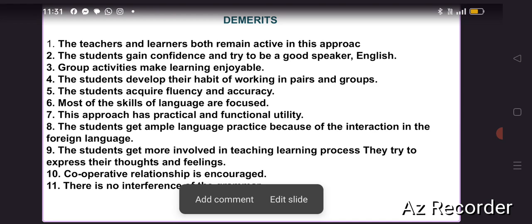Cooperative relationship is encouraged because the teacher takes different group activities, different games. They have to cooperate with each other in a group activity, in a pair activity. So the cooperative relationship is increased in the communicative approach.